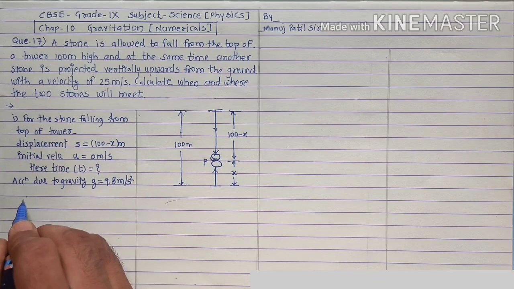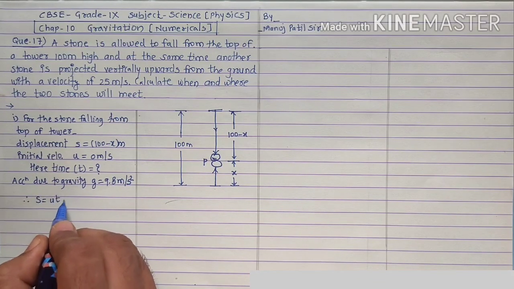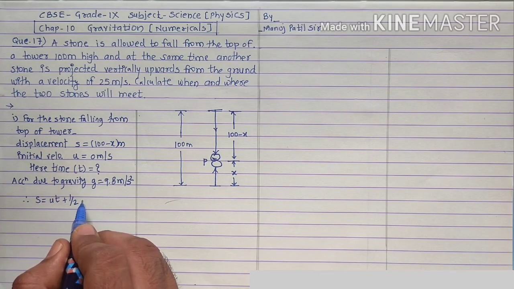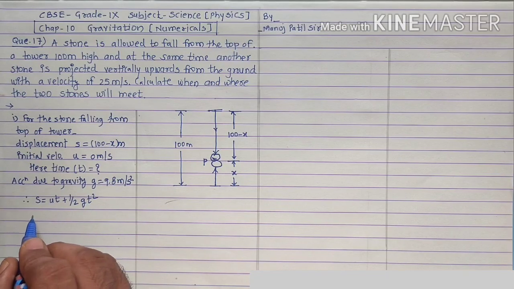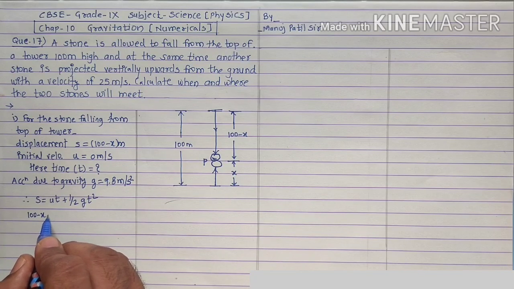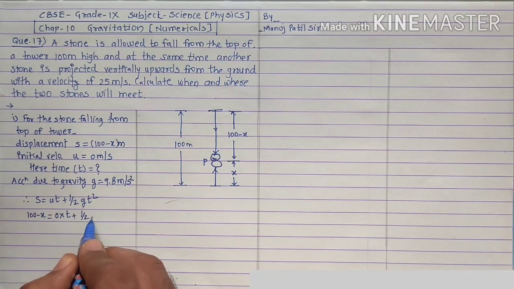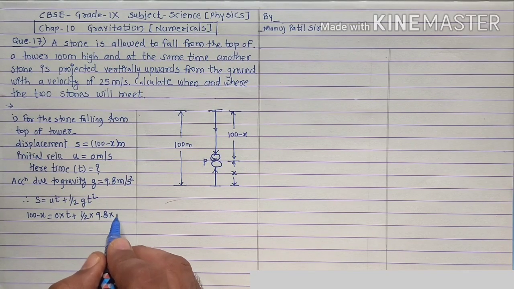So using the equation of motion, S is equal to ut plus half at square, but here the acceleration is due to gravity, so we'll write here gt square. Yes, displacement is 100 minus x. So u is 0 multiplied by t plus half, g is 9.8, and t we don't know, so we'll write t square.